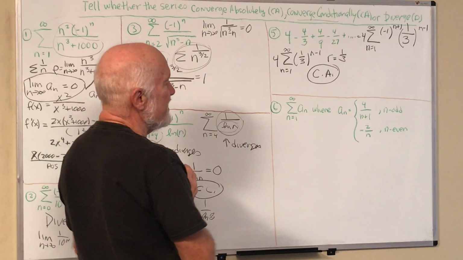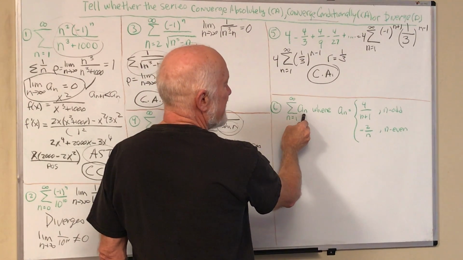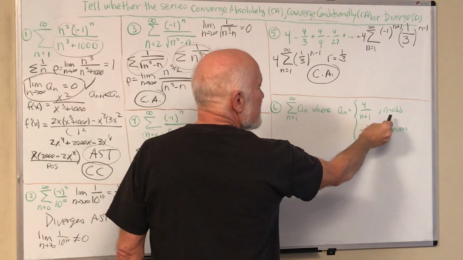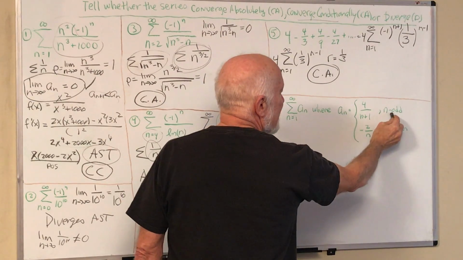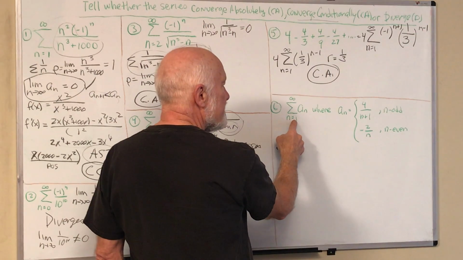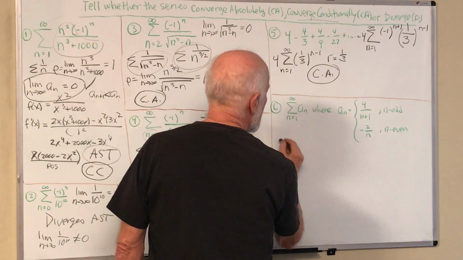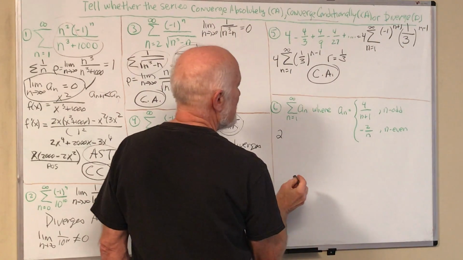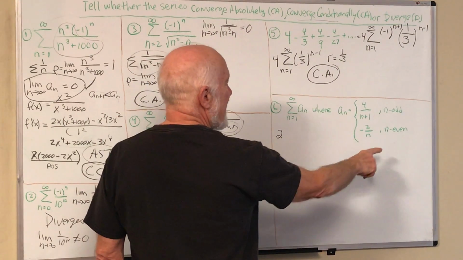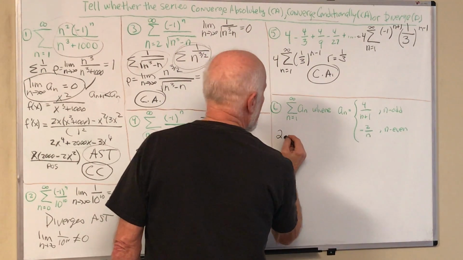Okay, one last one here. The summation n equals 1 to infinity of a sub n. But a sub n is different depending on whether n is odd or even. So it starts out at 1. So what's a sub 1? 4 over 2. And then you go to n equals 2, so n is even, so you get -1.